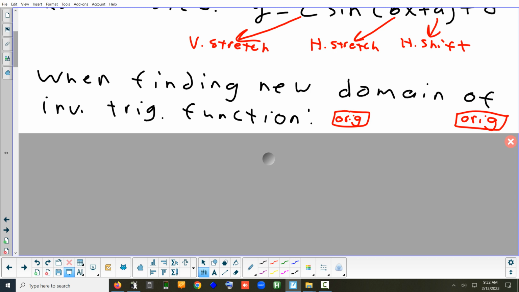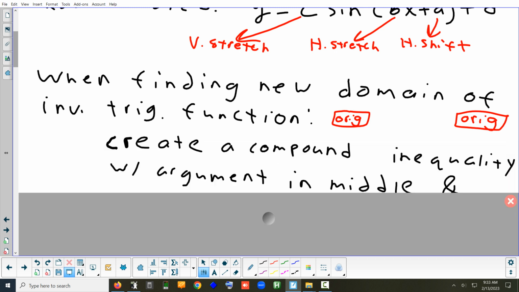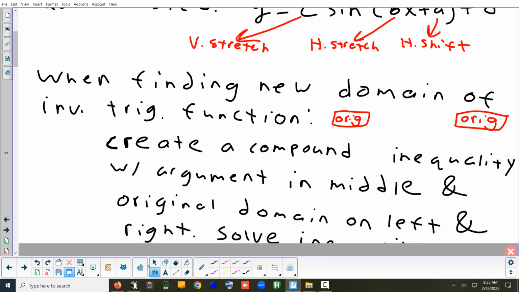We're going to put the original domain, the lower one on the left and the higher one on the right, like -1 to 1. And then in the middle, we're going to put the argument. Like in that problem I showed you a second ago, I think it was 1/3 x. So you're setting up an inequality, and then you're going to solve for x.